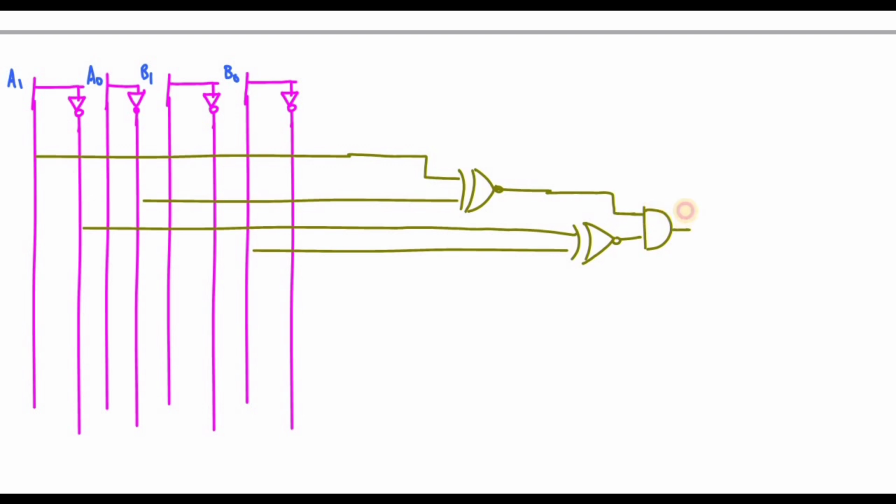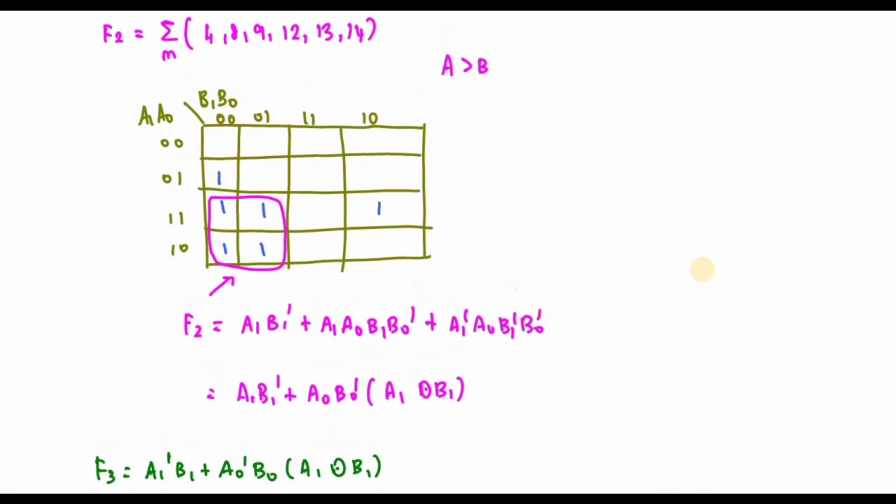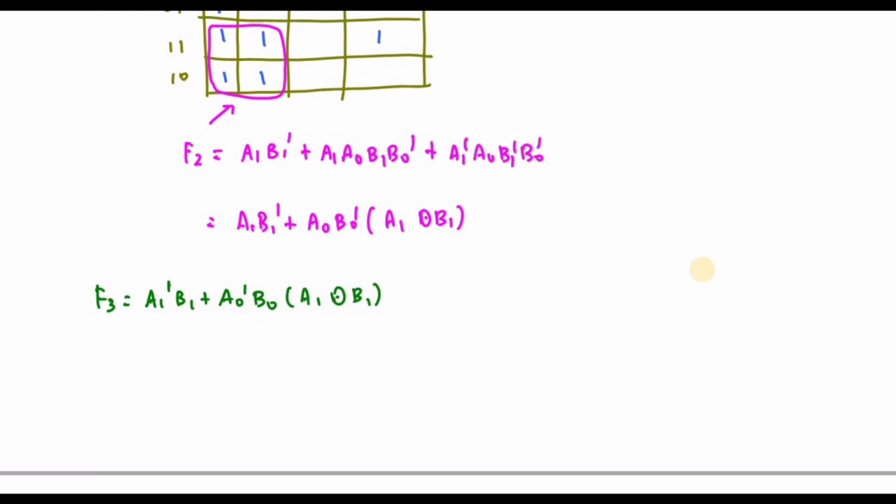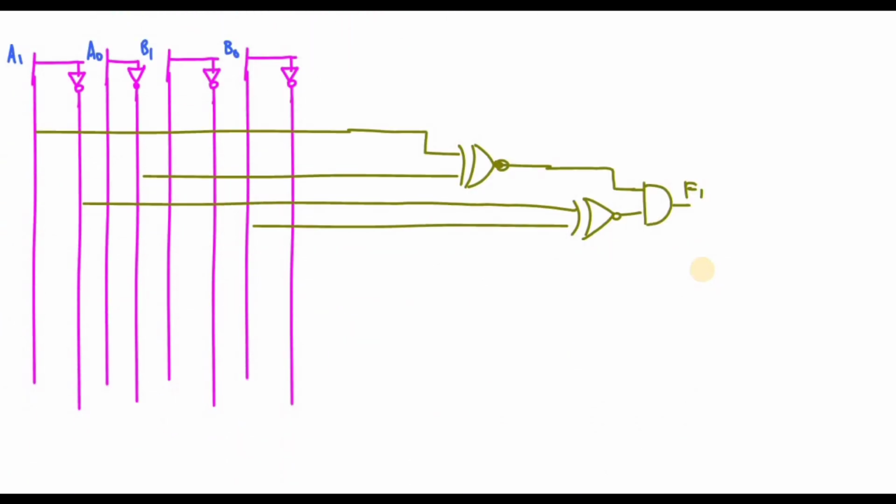So what is your F1? F1 is nothing but A1 XNOR with B1, and A0 XNOR with B0. So this is your F1. Okay. What is F2? F2 is A1 B1'. So this is your A1 B1', right?